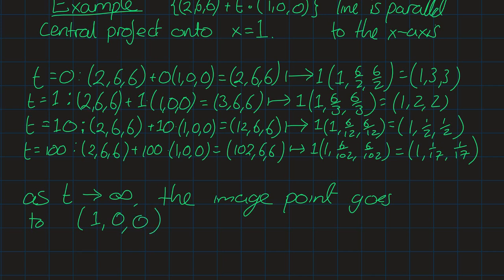These numbers are getting smaller and smaller every time I make t bigger. They go from 3, to 2, and then a half, and then a 17th. As t goes to infinity, if t is a million or a billion, they're probably going to be super small. So it looks like as t gets bigger, the image point goes to (1,0,0).